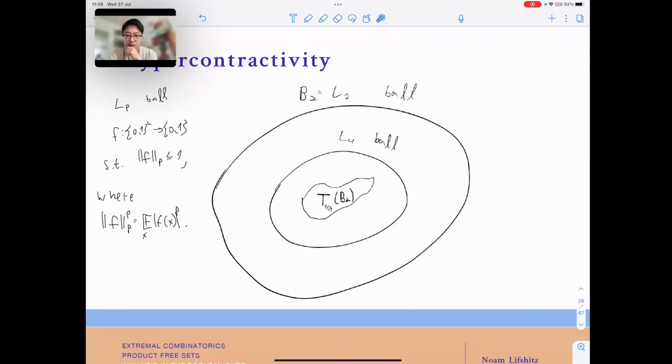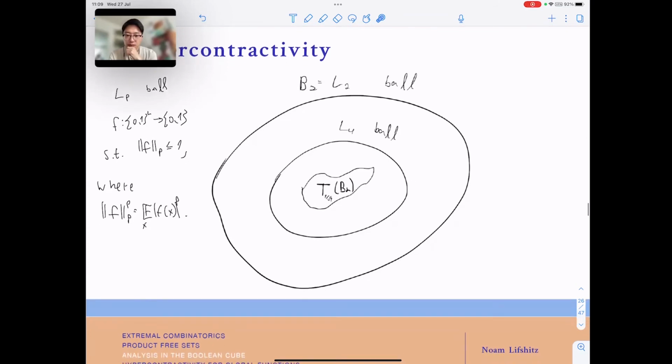And this noise operator that we defined earlier satisfies a very strong contraction. That's why it's called hypercontractivity, because it sends the large L2 ball into the small L4 ball. So not only does it send the L2 ball to itself, but it actually sends it inside a smaller ball.